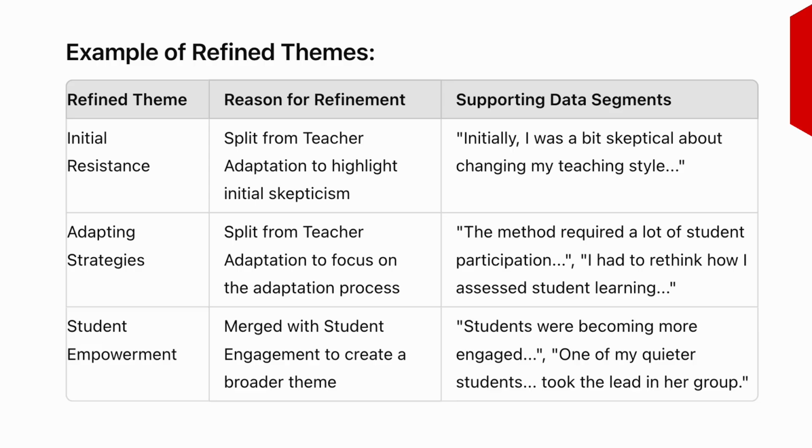The third refined theme is student empowerment. In this case, we merge it with student engagement to create a broader, more inclusive theme. The supporting data segments highlight this with quotes such as, "Students were becoming more engaged," and "One of my quieter students took the lead in her group."